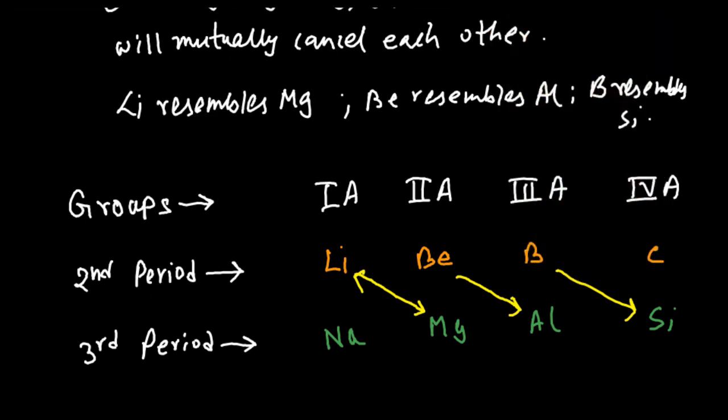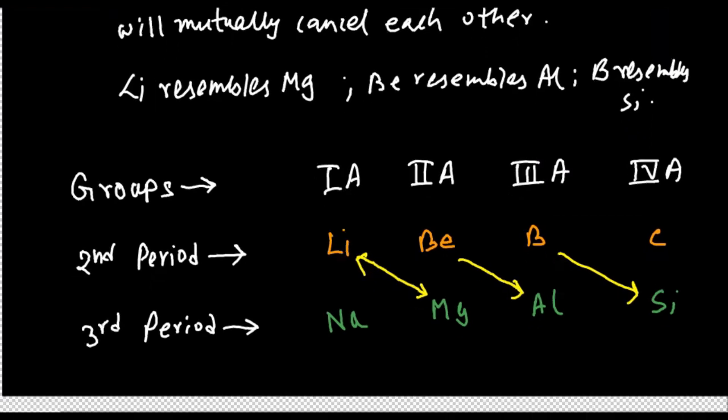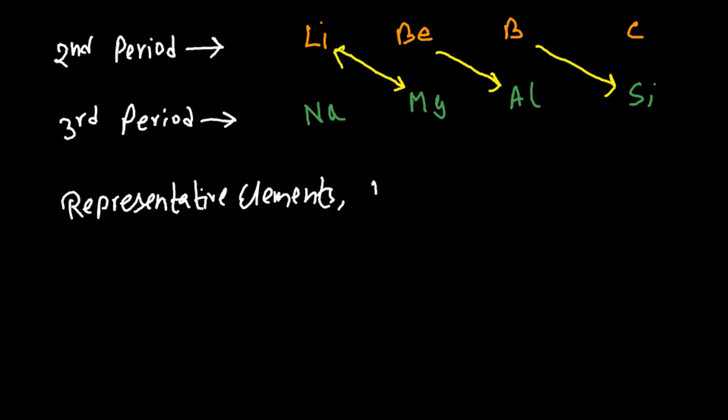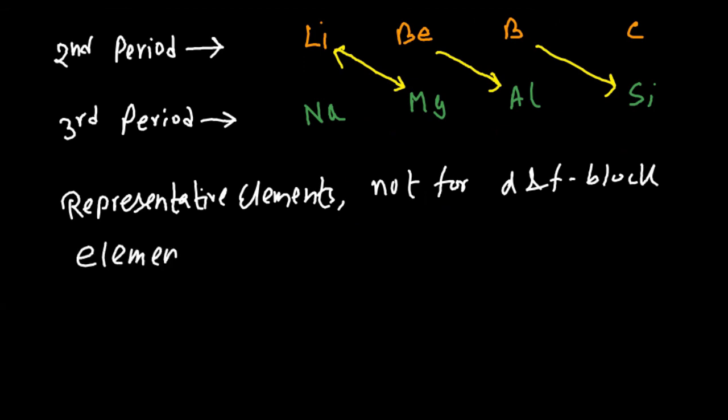Due to the opposite trends in their properties along the period and down the group, their properties tend to cancel each other. That is why they show similar properties. This is about diagonal relationship. But this type of diagonal relationship is applicable for representative elements, not for D and F block, that is, not for transition and inner transition elements.